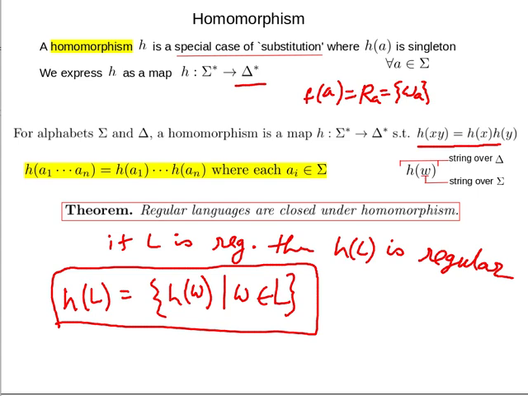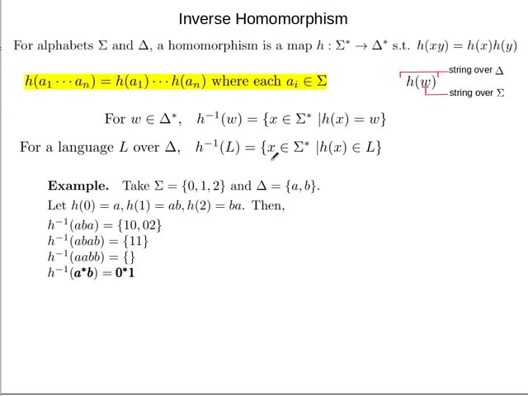Now, as I said, I now have this homomorphism, and this homomorphism is a map from string to string, and now consider the inverse map here, right? So it's just the same definition that you have for the inverse of any map in mathematics. Now this H map can be a many to one map, right?